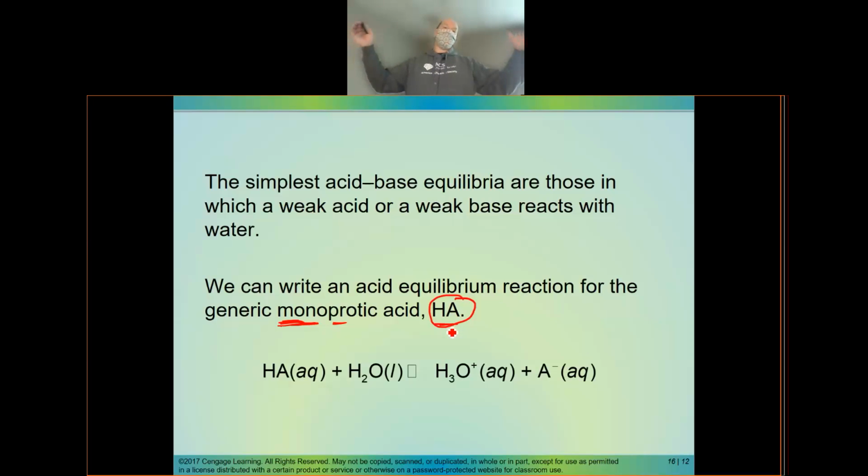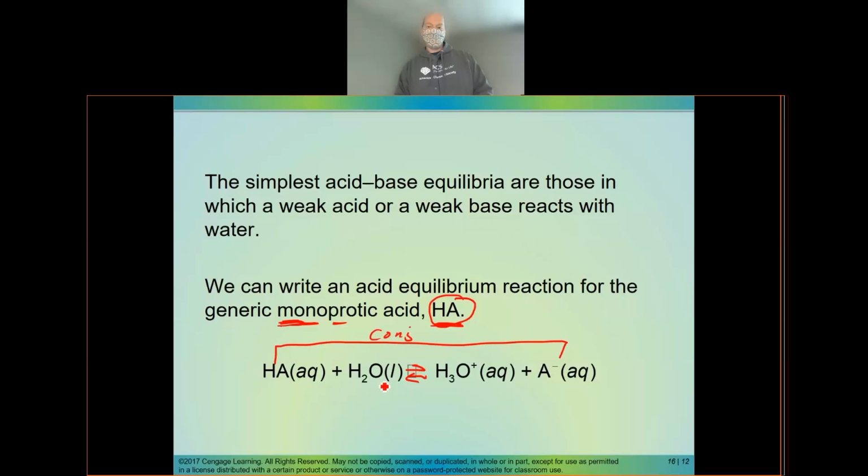But some of these have very long formulas for the acid, and it doesn't matter what the whole formula is, so you can just write HA. And so your HA reacts with water, a liquid, to give H3O plus and A minus. And so you have your conjugates, your HA and your A minus.